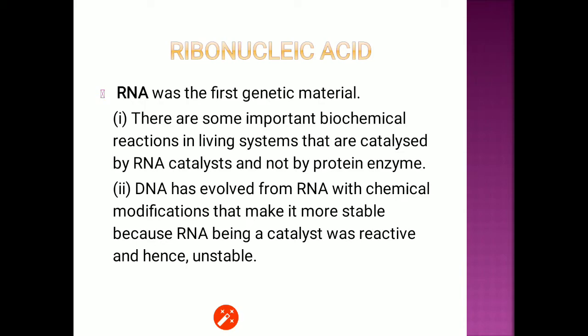There are some important biochemical reactions in the living systems that are catalyzed by RNA catalysts and not by protein enzyme. DNA has evolved from RNA with chemical modifications that make it more stable, because RNA, being a catalyst, was highly reactive and unstable.